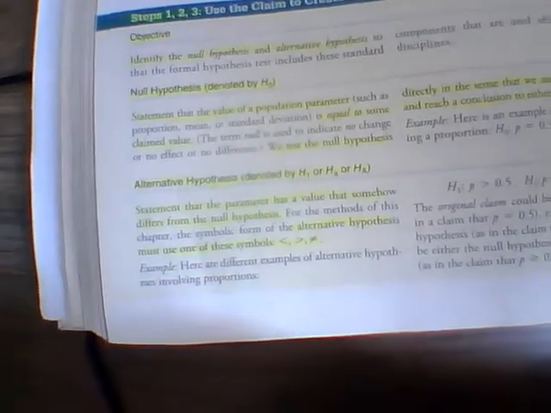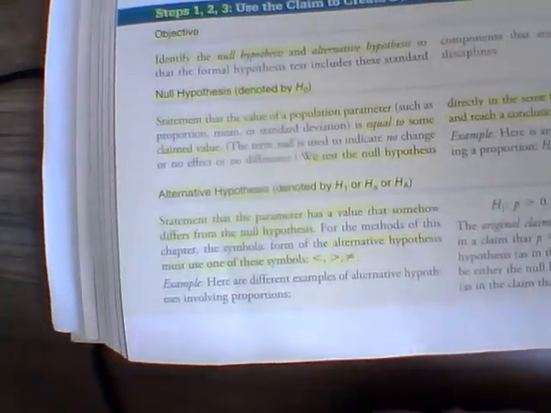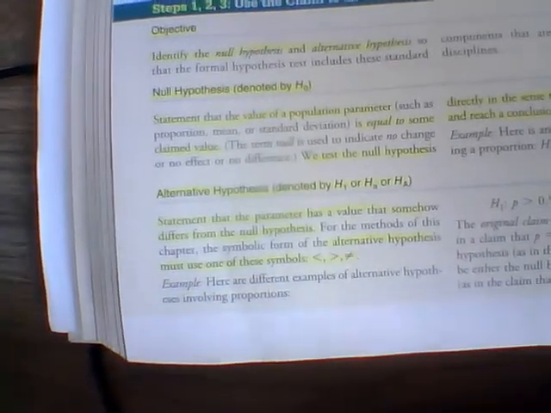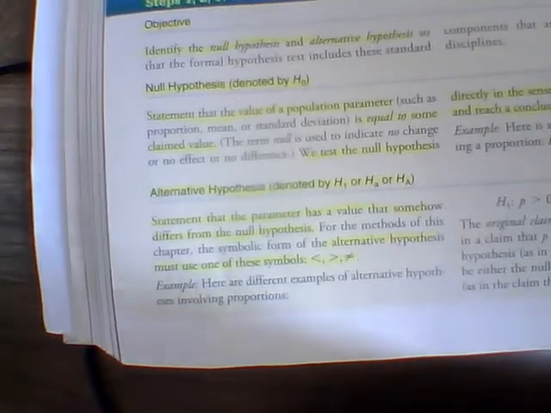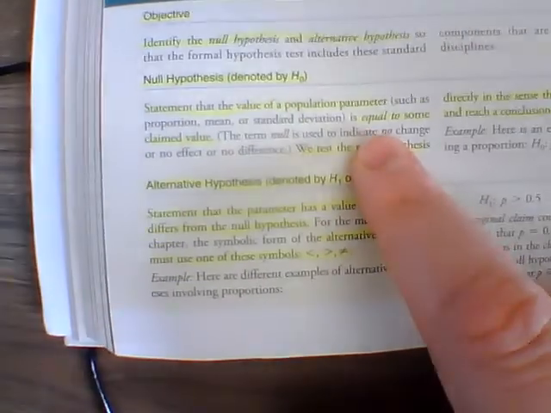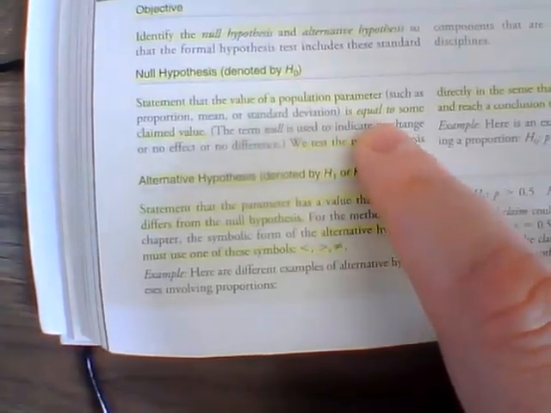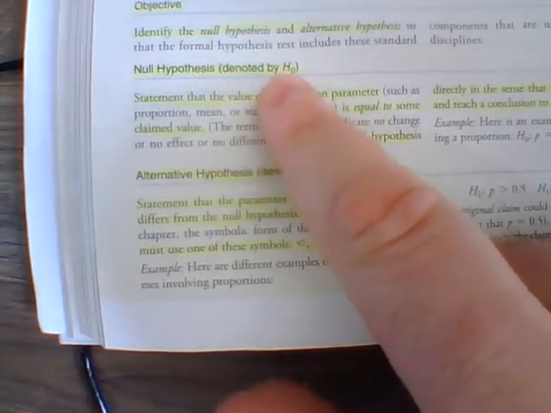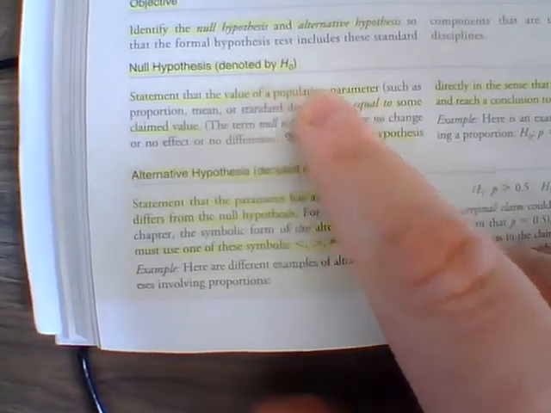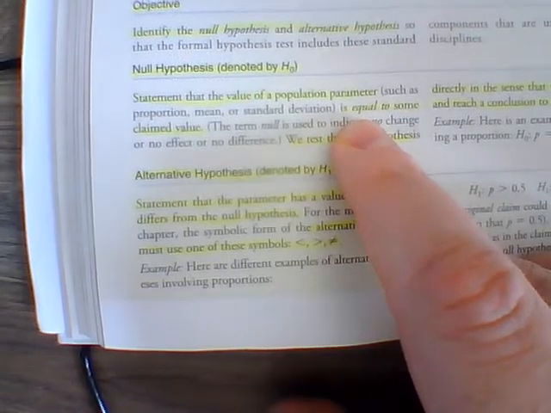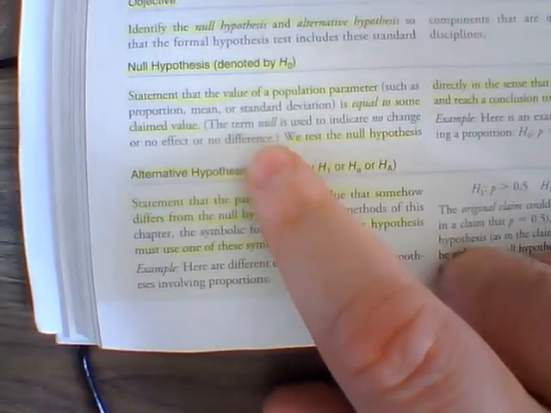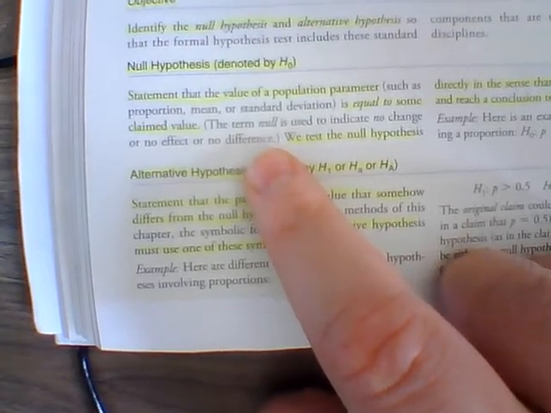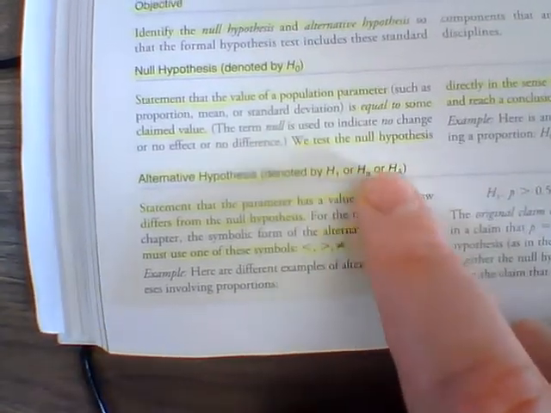The null hypothesis is a statement that the value of a population parameter, such as our proportion, mean, or standard deviation, is equal to some claim. Okay, so I'm going to stress this, equal to. So the null hypothesis, or H naught, is equal to some sort of claim.